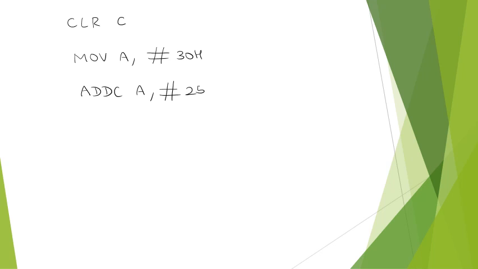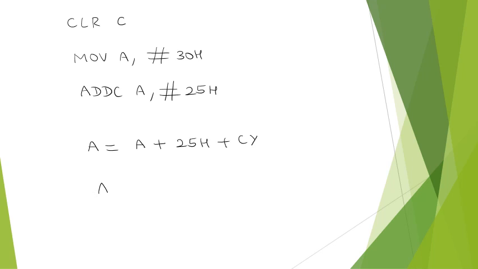Let us see an example for the ADDC instruction. CLR C, then MOV A, #30H, and then ADDC A, #25H. The ADDC instruction will perform the addition of A plus 25H plus the carry flag.